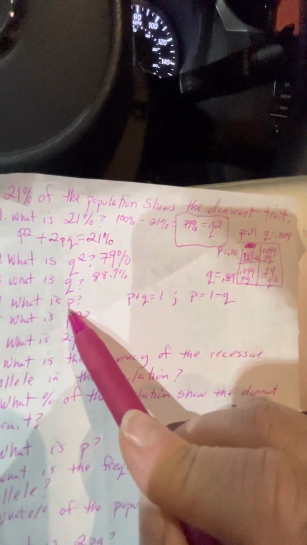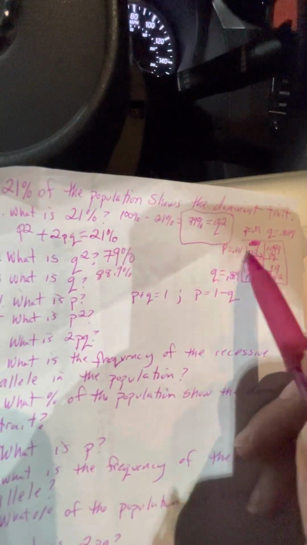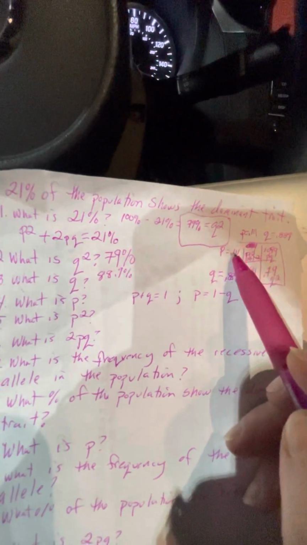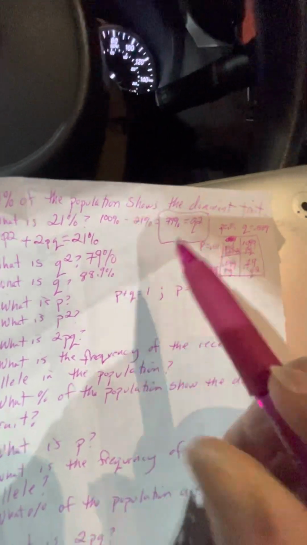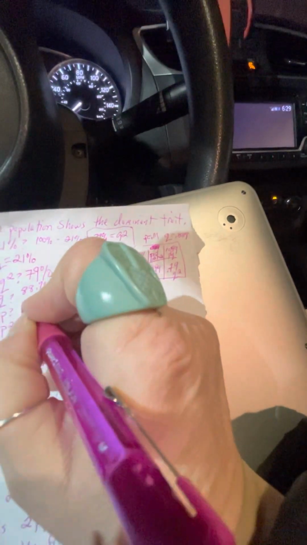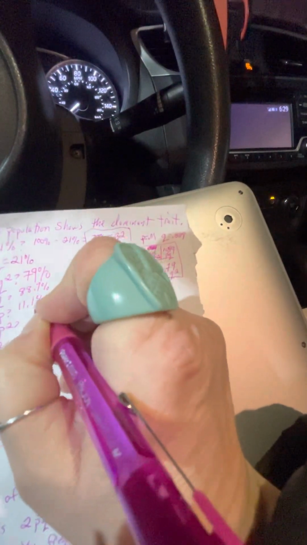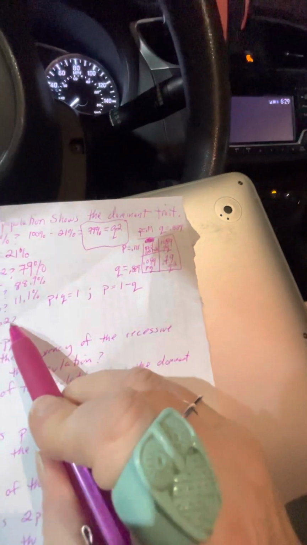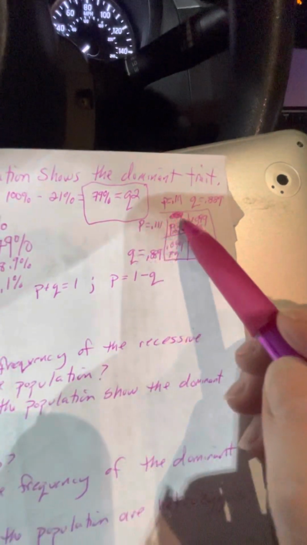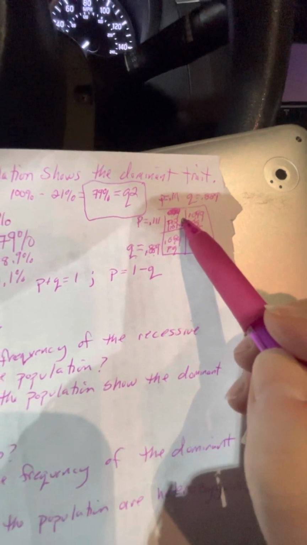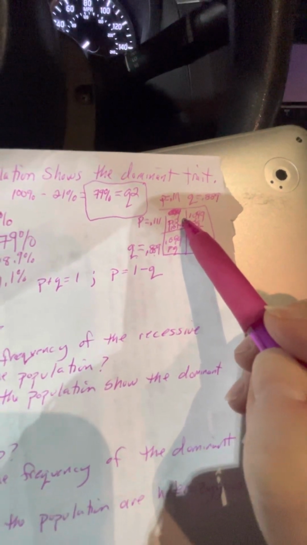What is P? I'm going to go over to my P's on the outside. P is 0.111. Times that by 100%, and I get 11.1%. What is P squared? P squared is this box up here, and that is 0.012.